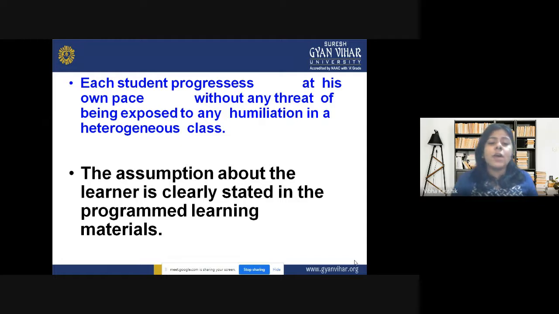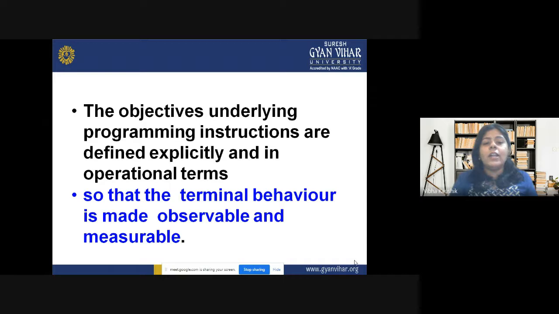The assumptions about the learner are clearly stated in the program learning material. The objectives underlying programmed instruction are defined explicitly and in operational terms, meaning all objectives are clearly stated, so that the terminal behavior is made observable and measurable.